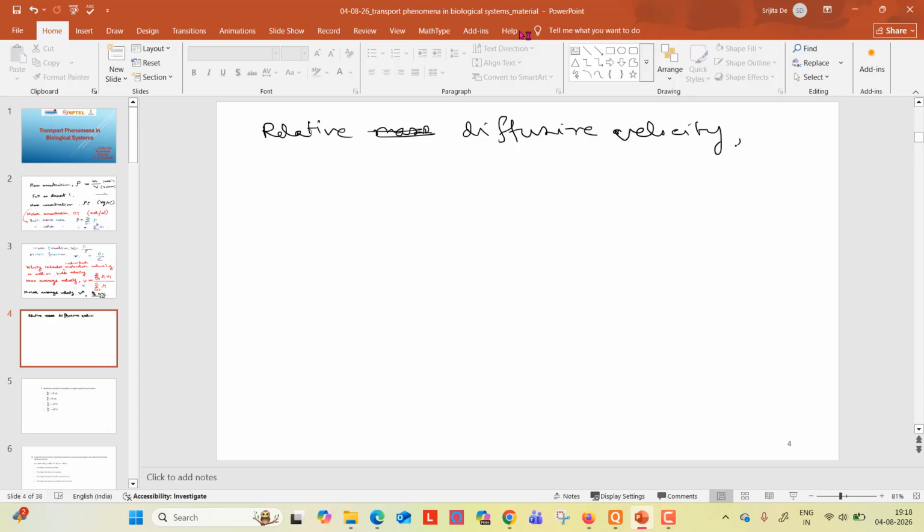With respect to v, that will be vi minus v, and diffusive velocity with respect to v star will be vi minus v star. Okay, I am just revising it because I think you have already studied this.